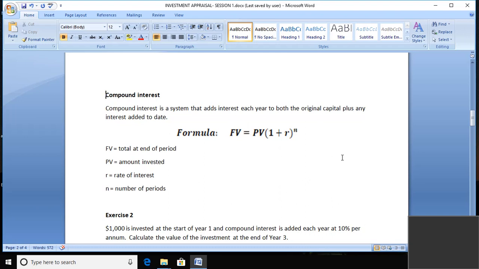So the formula is the future value, the total sum you expect in the future, equals the amount of investment now, or the principal amount, multiplied by 1 plus r to the power n. This part, 1 plus r to the power n, is what is called the compounding factor. So in other words, the future value equals the present value multiplied by the compounding factor.